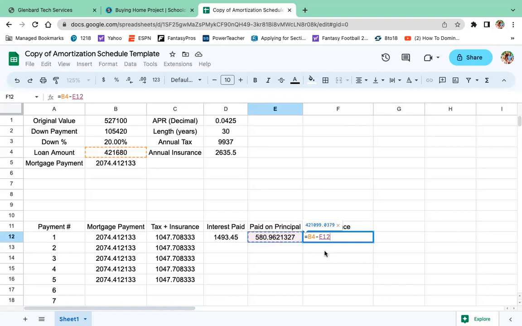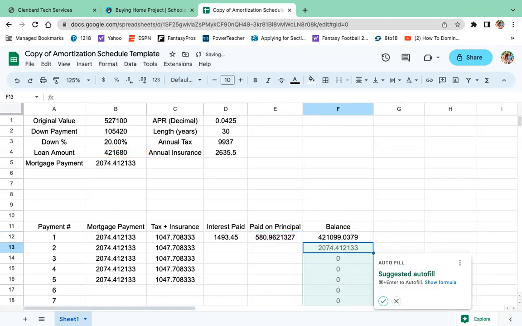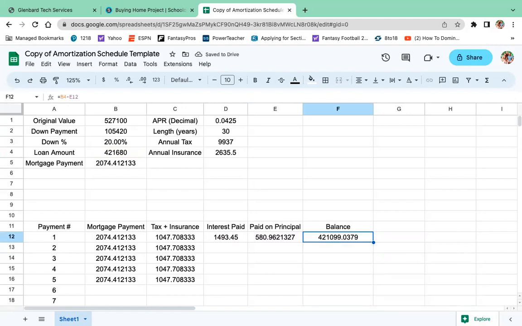Once again, we're not going to be copying this formula, so we do not need to lock anything. We'll hit enter. And now look at our loan. It's down to only $421,000 and 100 extra dollars. Okay.